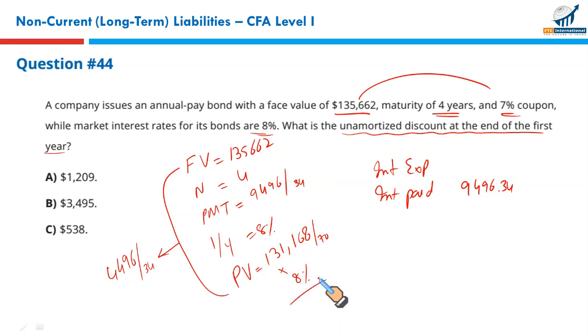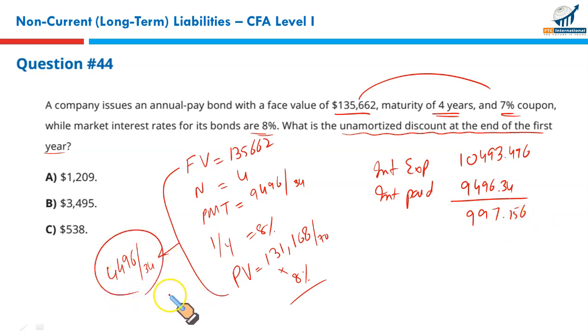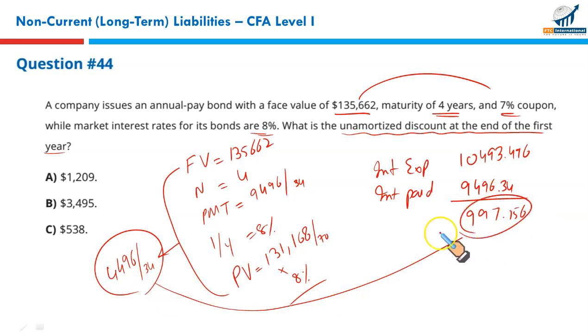So 131,168.70 multiplied by 8% gives us the interest expense of 10,493.496. The difference between these is the discount amortized, which is 997.156. This is the total discount unamortized, out of which this has been amortized at the end of the first year.